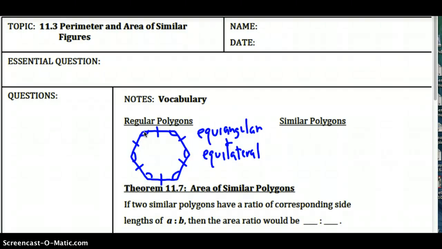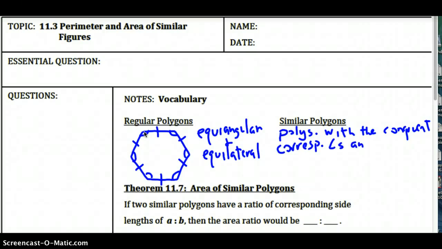Similar polygons are polygons with the congruent corresponding angles and proportional corresponding sides.